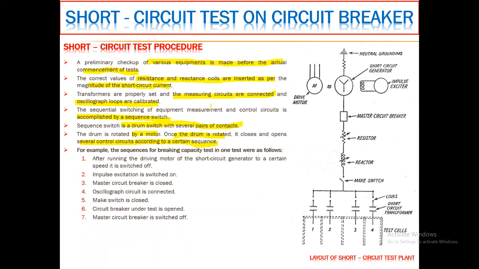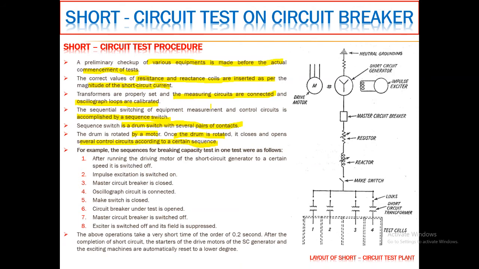Once it is opened, the master circuit breaker is switched off, then the exciter is switched off and its field is suppressed. So these are the 8 steps to conduct the breaking capacity test on the circuit breaker.